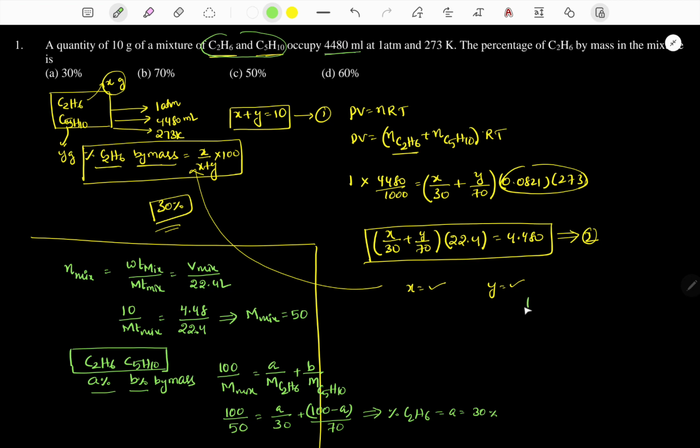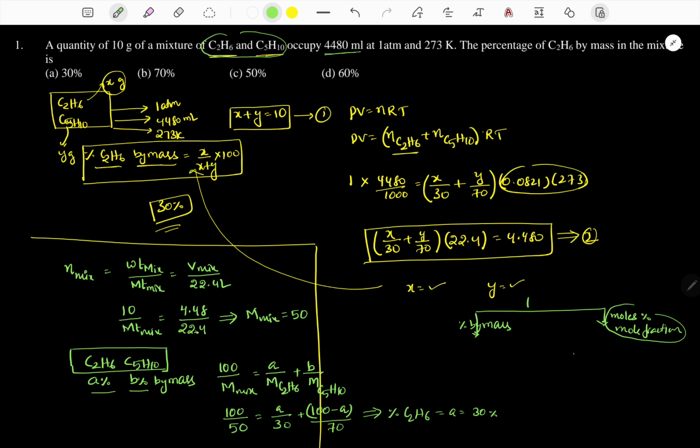Okay, so there are two important equations. One is percentage by mass and the other is mole percentage or mole fraction. We use mole fraction most of the time.